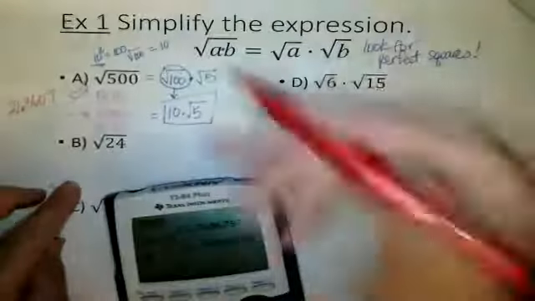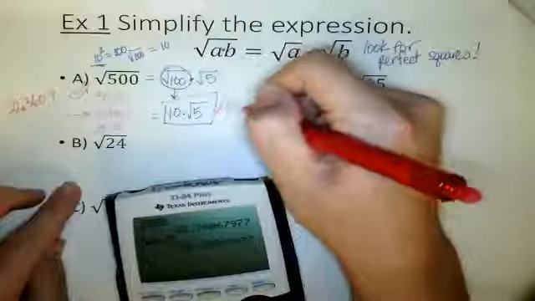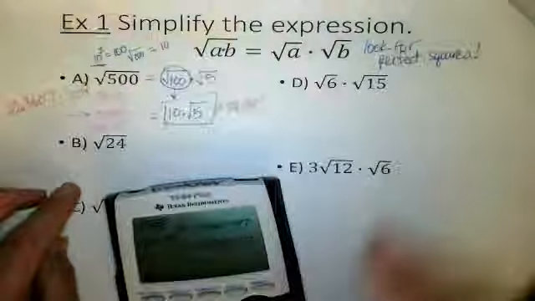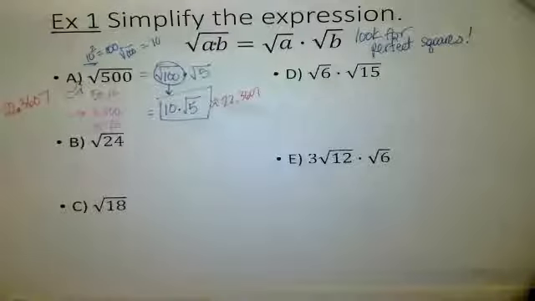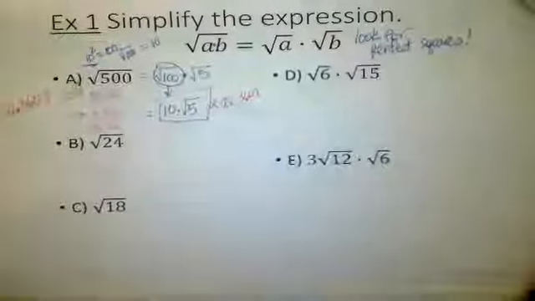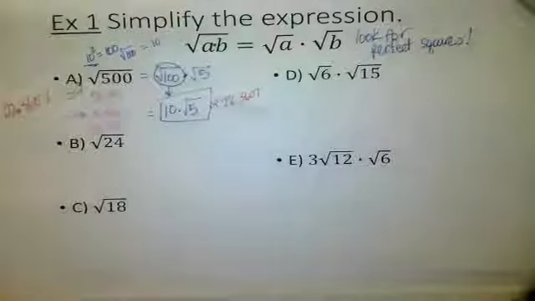This is 22.3607. So it's super easy to check your answers. And especially on one of my multiple choice tests, if you aren't sure how to do it, then use your calculator, all right? And look at the approximations.